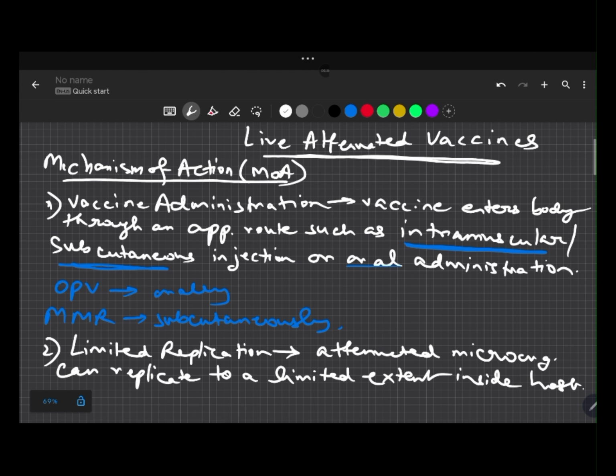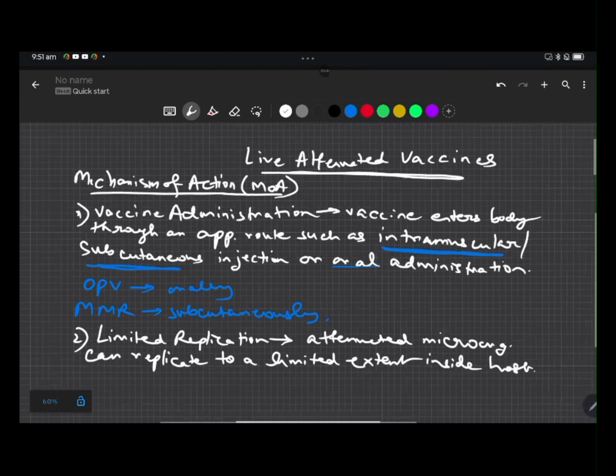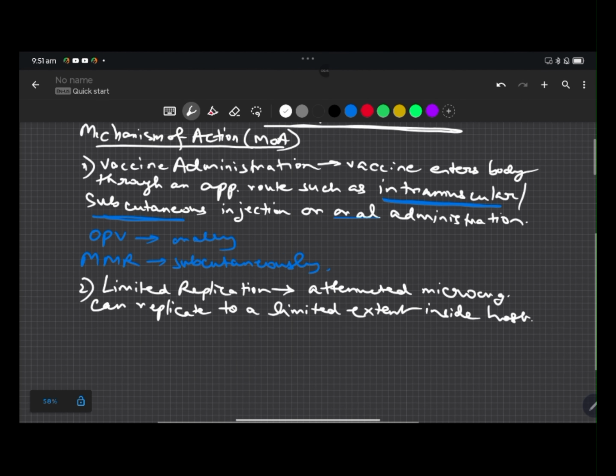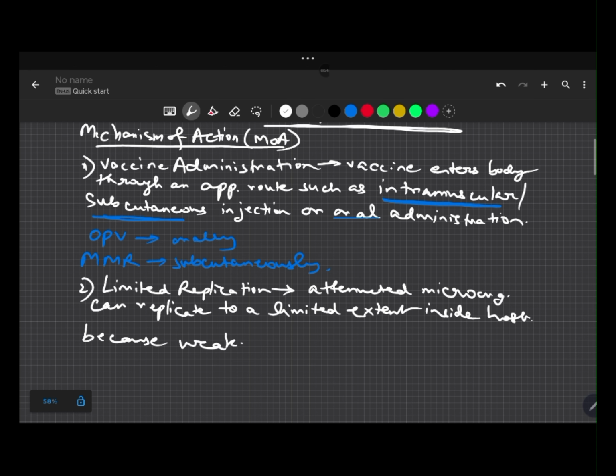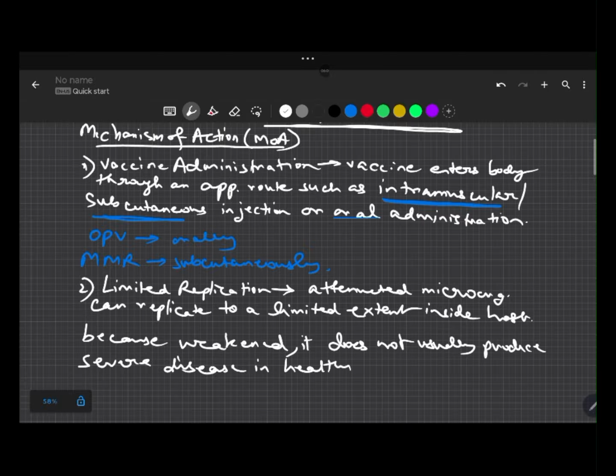Okay, so they are not fully killed. However, because they are weakened, they do not usually produce severe disease in healthy individuals or healthy persons.